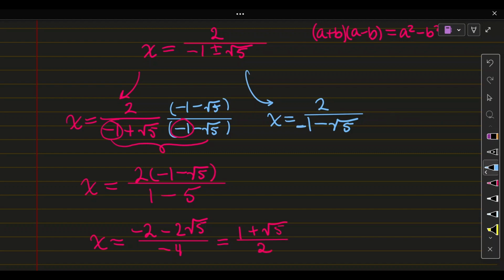Okay? Now I challenge you to verify that solving this out in the same way will give you that x is equal to 1 minus the square root of 5 over 2.